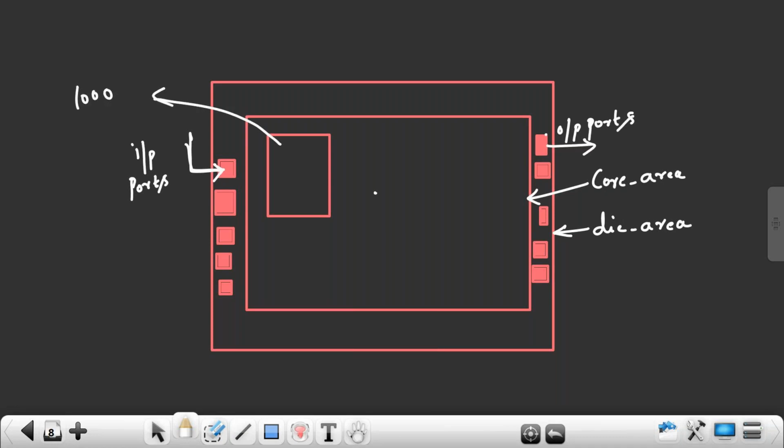So 50 SD-RAM will take how many cells? 50,000 cells. So these 50,000 cells I have to place, and I have to do optimization, meaning improvement in the design.